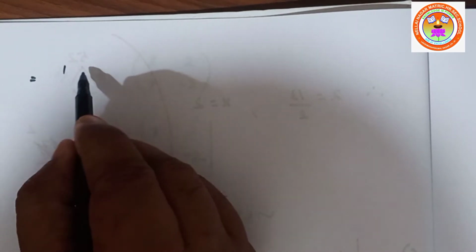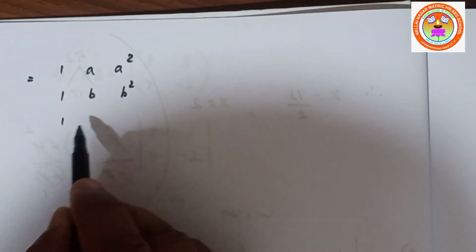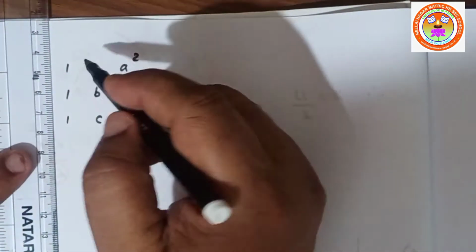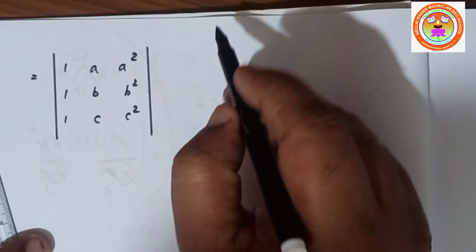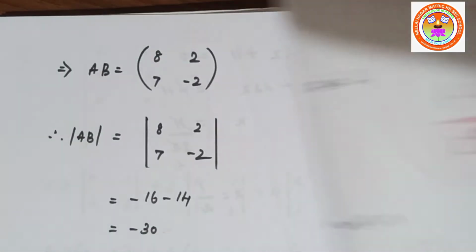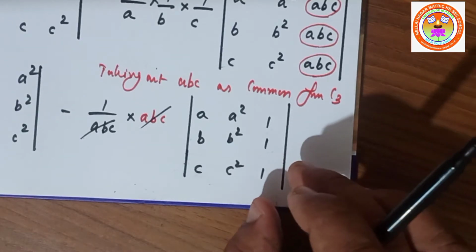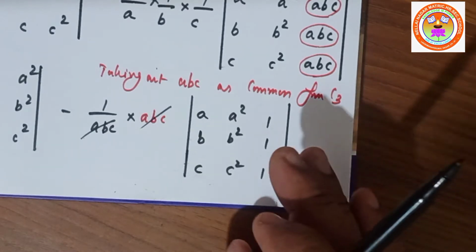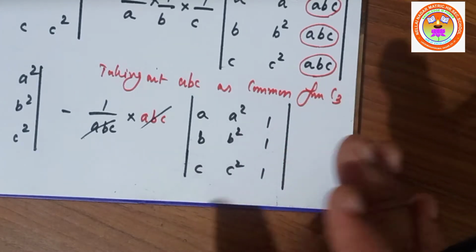Equal to 1 A squared, 1 B squared, 1 C squared. The first determinant I have written as it is, minus, look at that, the second determinant, already these two get cancelled. Now I am going to change the position of each and every column. If you change the position of each and every column, the value of the determinant does not change.